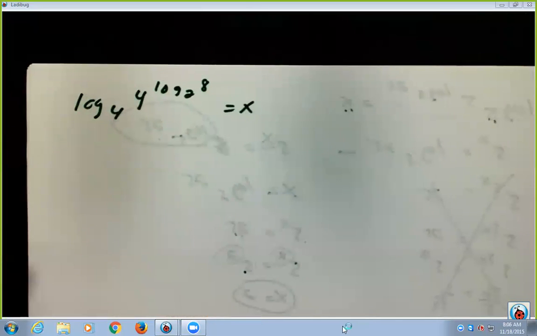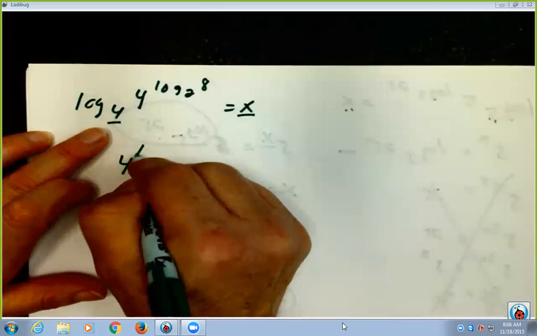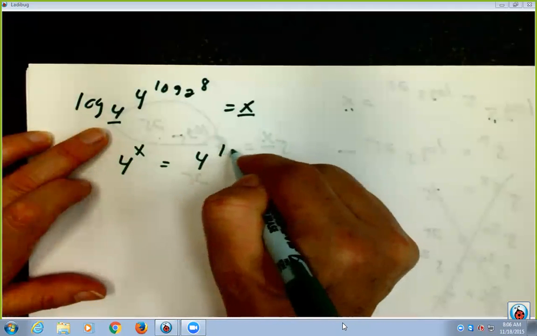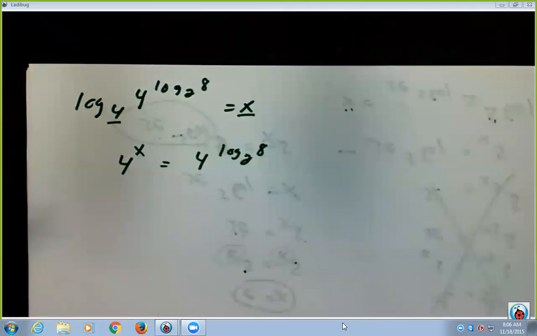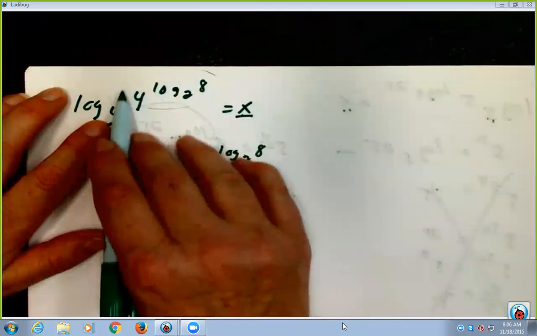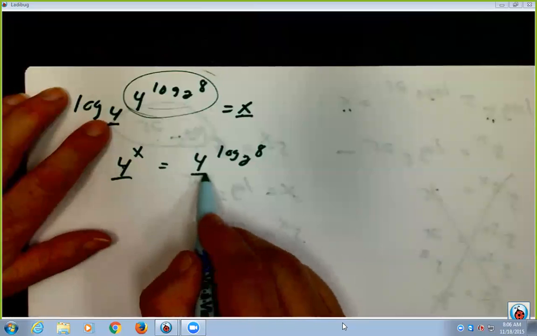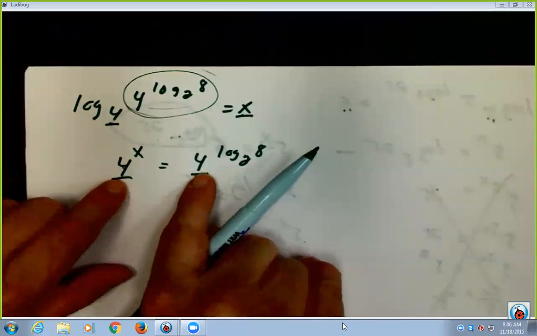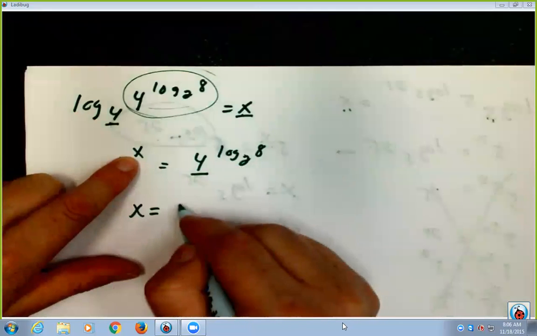So if I reverse this, I have 4 to the x power is equal to 4 log 2 8. We good there so far? So basically I'm taking my base to my exponent is equal to what this happens to be. So now since both of my bases are 4s, they match each other. So then I need to set my exponents equal to each other.